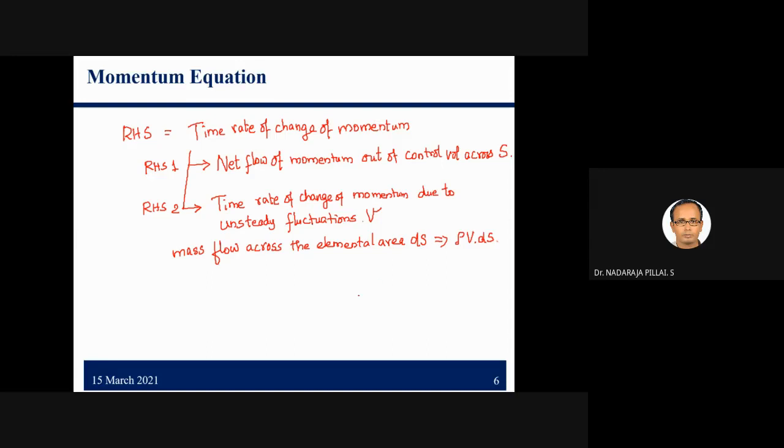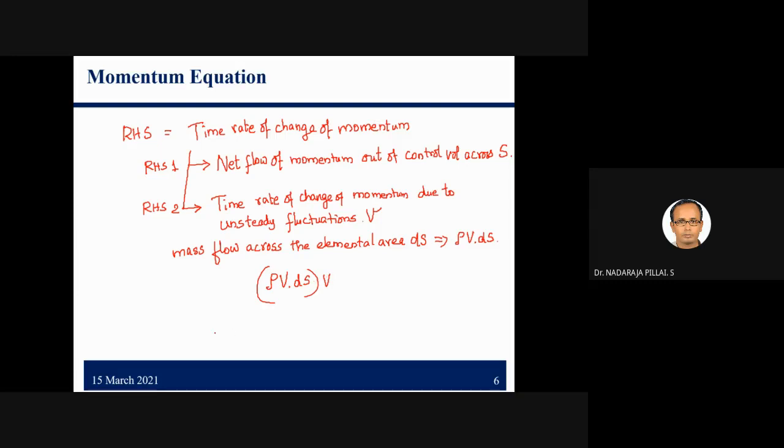So this is mass per second, and the momentum per second is rho V dS into V, right?